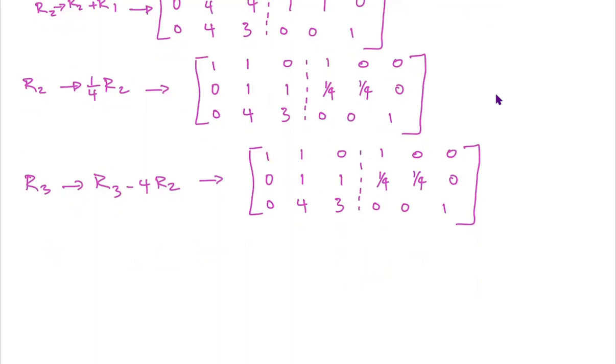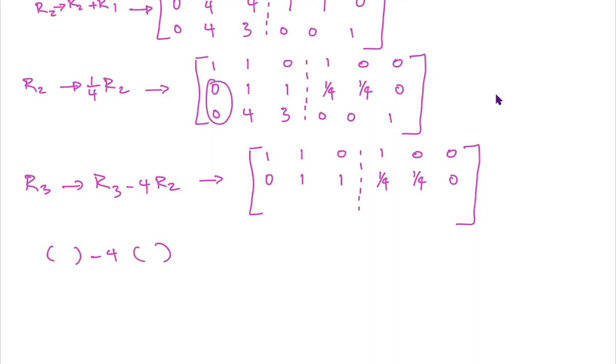So we will have this as R3 is changing, but the zeros are not, obviously. Because I'm doing R3 receives R3 minus 4 R2.